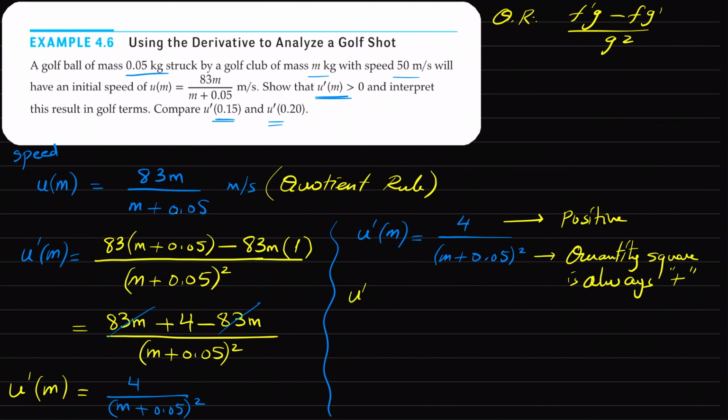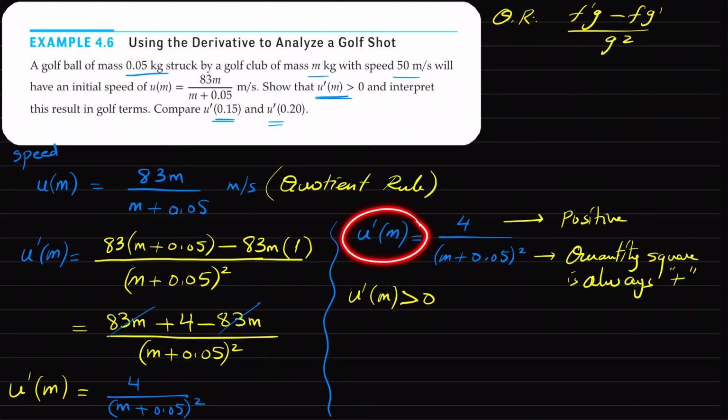So u prime, a positive divided by a positive, is always positive. Now we need to interpret the result in golf terms.